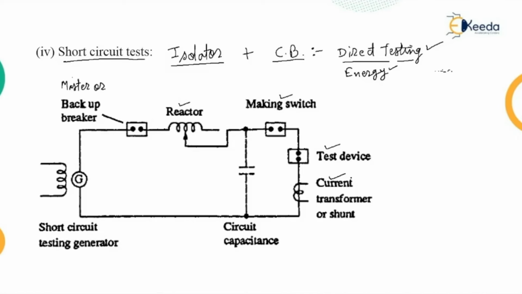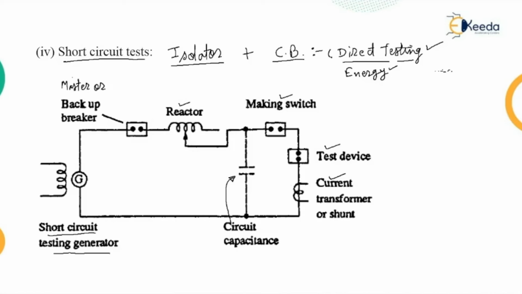CT, that is current transformer, that is also called a shunt. Then this is circuit capacitance. Then a short circuit testing generator. So this is the schematic diagram that shows the basic elements of a short circuit testing laboratory.